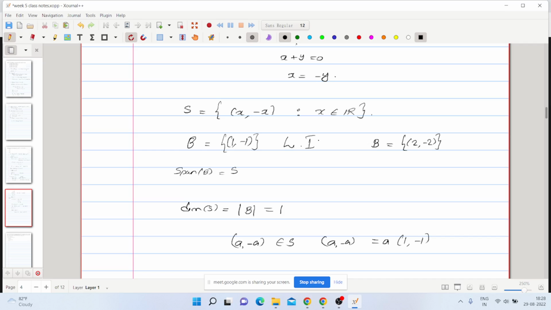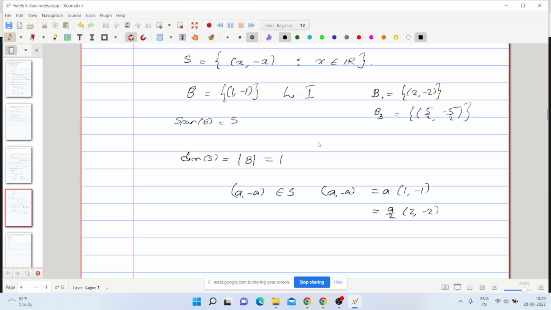Or I can write it as a by 2 into 2, minus 2. This is also possible. This means I can take any element here, either 2, minus 2, this is also a basis, or I can take B as some 5 by 2, minus 5 by 2. Anything I can take. The only thing is it should span the set S. Span of B should be S, and only one element will be there, so it is linearly independent. Is that clear? Yes, ma'am, got it.